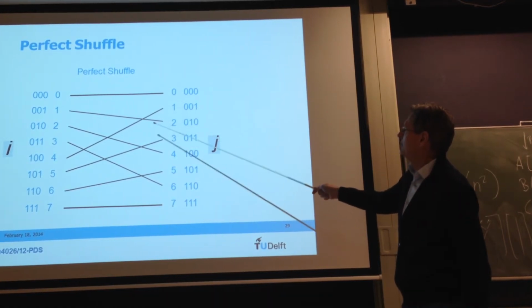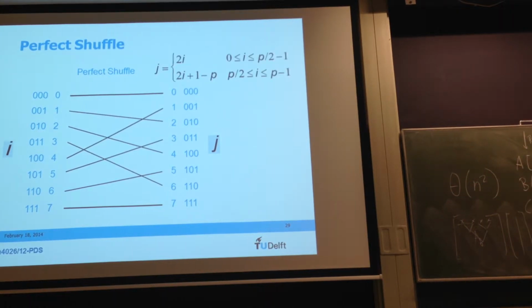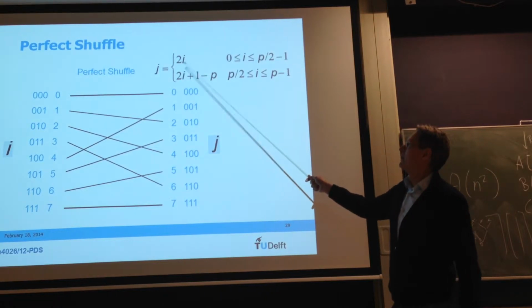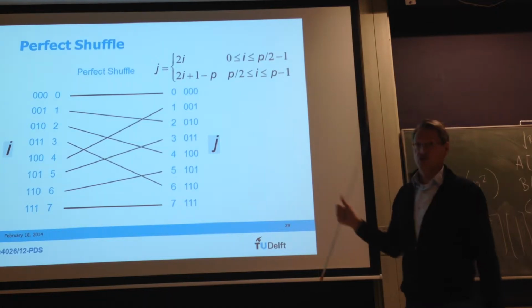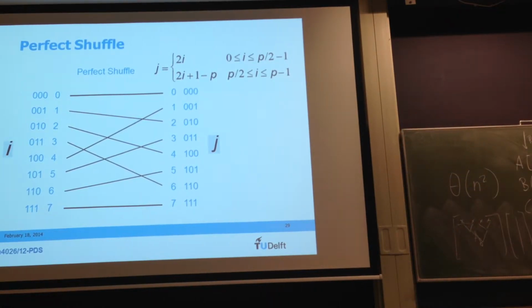And so you see what's happening here. You can also make a mathematical relation between input and output by these two functions. The output j is either 2i or 2i plus 1 minus p, depending on the range, right? So that's an elegant structure, the perfect shuffle.